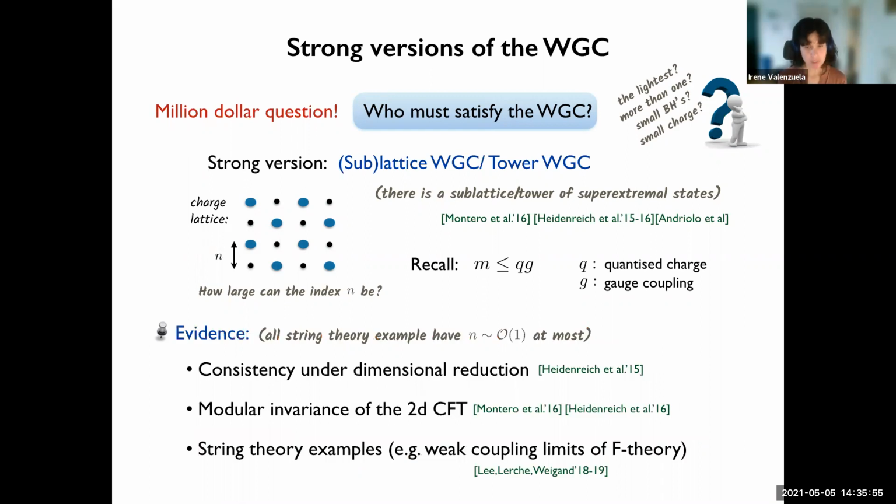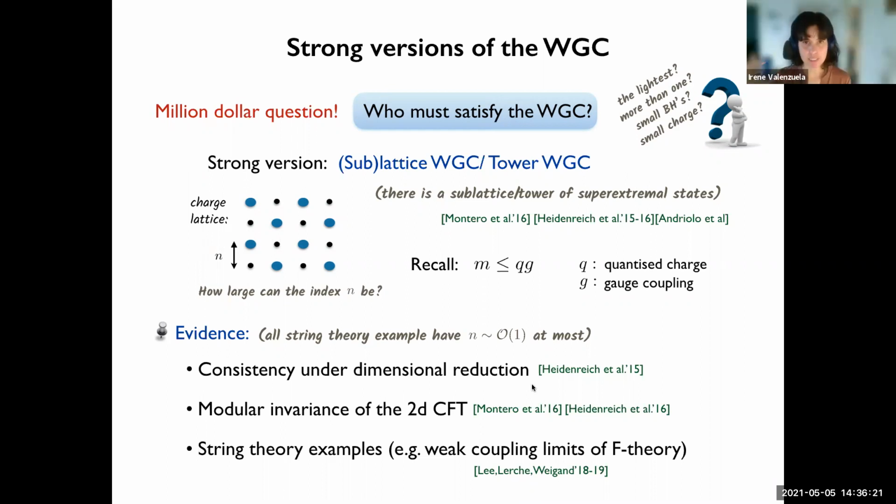Okay, what do we know about this? Well, why we think there is a sublattice or a tower and not just one particle is because, well, first, only a sublattice or a tower would be consistent under dimensional reduction. Otherwise, it's a statement that could hold at some dimension, but then you dimensionally reduce and then you don't satisfy it anymore.